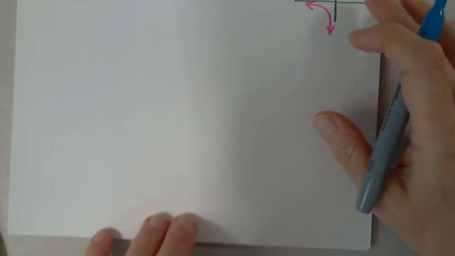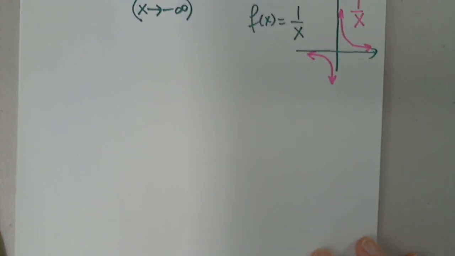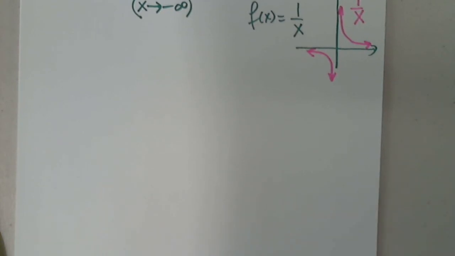Thank you very much. Excellent. Which automatically says, because it's the same on both sides, this automatically implies y equals 0 is a horizontal asymptote. Guaranteed.